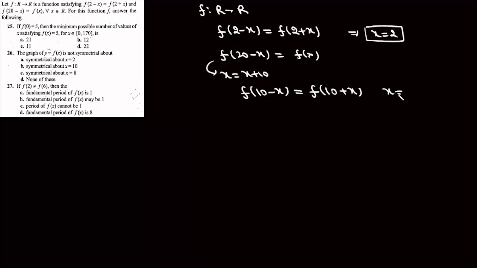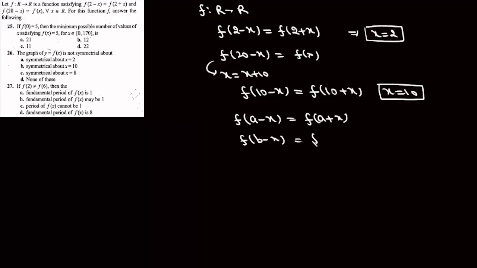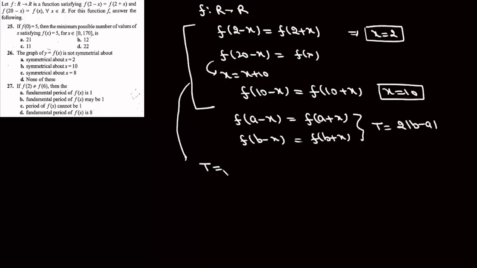That means it is also symmetric about x equal to 10. Now we know that when a function is symmetric about two values, that is f(a plus x) equals f(a minus x) and f(b minus x) equals f(b plus x), then it is a periodic function whose period is 2 times mod of (b minus a). So this function f(x) will be a periodic function whose period is 2 times (10 minus 2). So it's a periodic function with period 16.